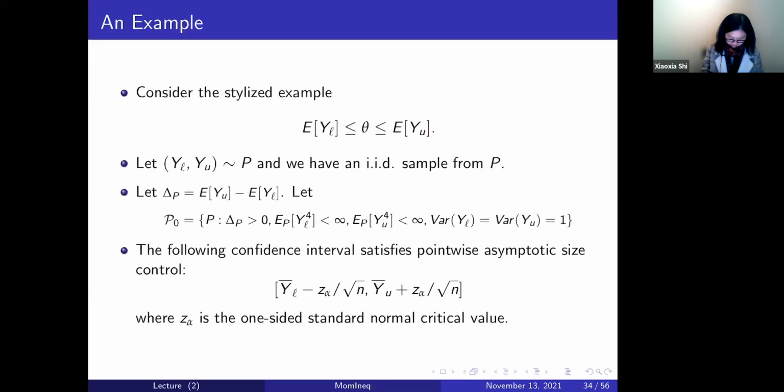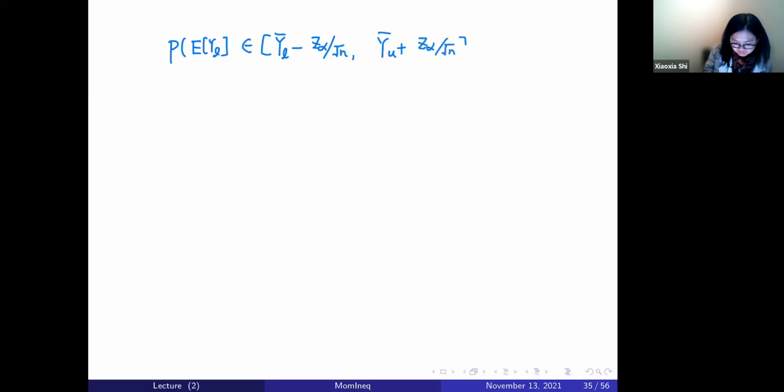that, say, for example, EYL, which is the lower bound of the identified set, belongs to this interval, we can show that this goes to alpha, right?